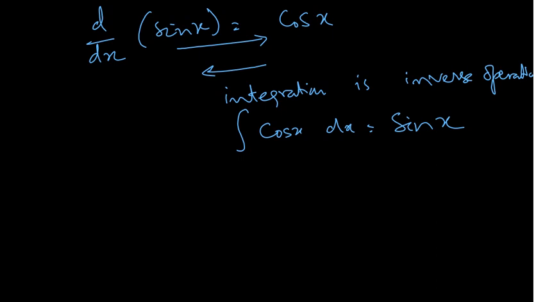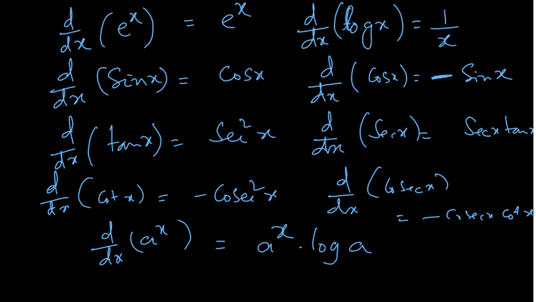If you memorize all these things, for integration you are getting ready already, which means integration of e power x is e power x, integration of cos x is sin x, integration of secant squared x is tan x, integration of minus cosecant squared x is cot x, integration of a power x log a equals a power x, like that. Got it, right? We don't do the integration now, but it will come later, maybe after a few months. But this is the importance of memorizing it.